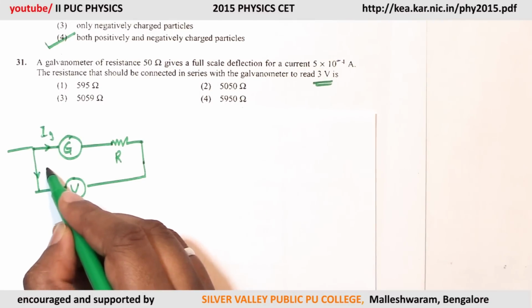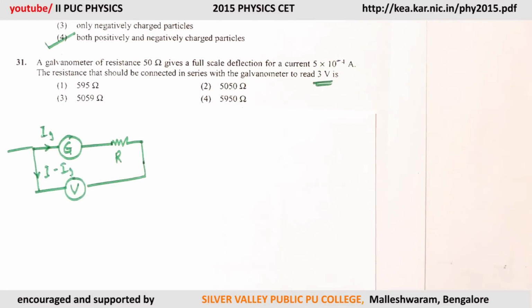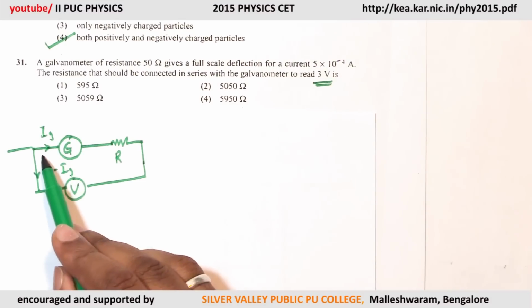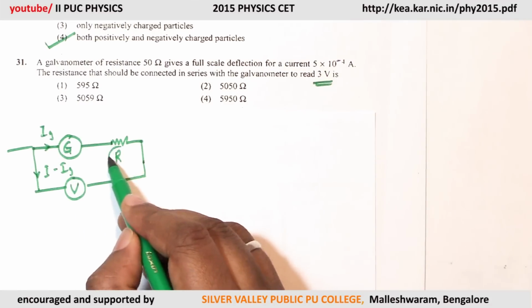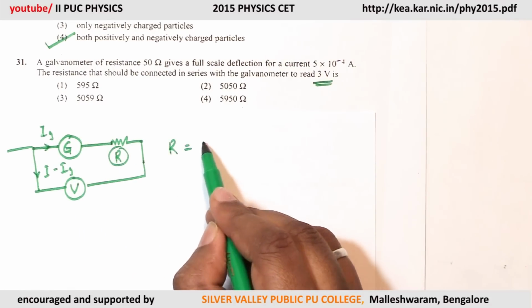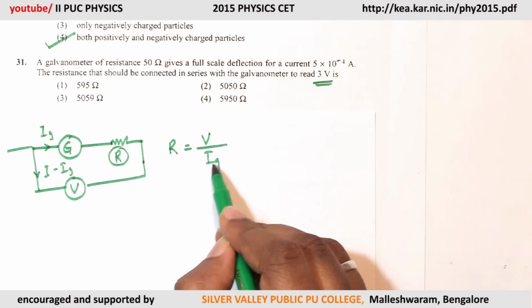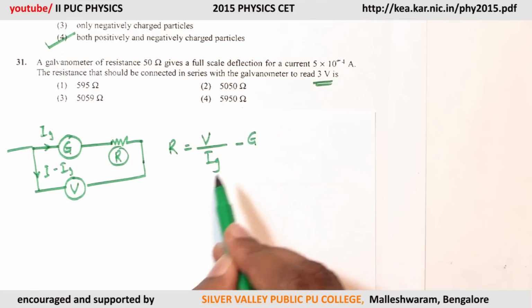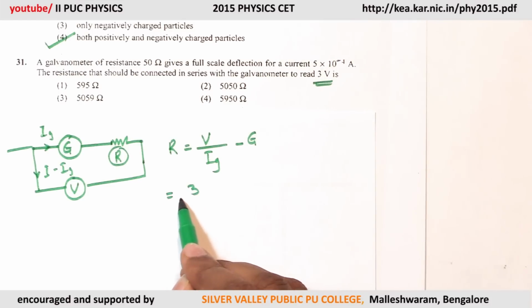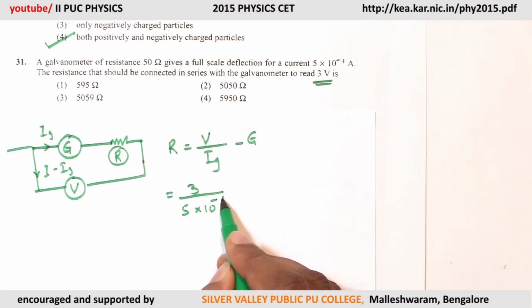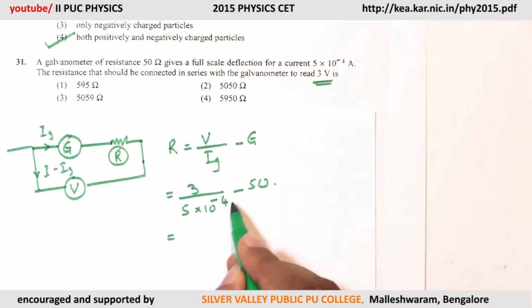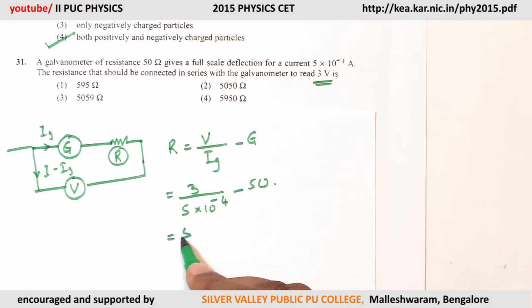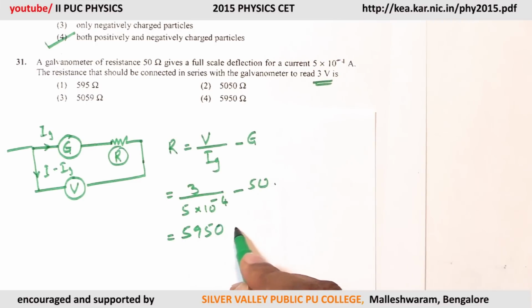Remaining current is I minus Ig. Potential difference across them is same if they are in parallel. And expression for this resistance is R equal to V by Ig minus G. V is 3. Current required for full scale deflection is 5 10 power minus 4 minus 50. Simplify this. It is 5950.